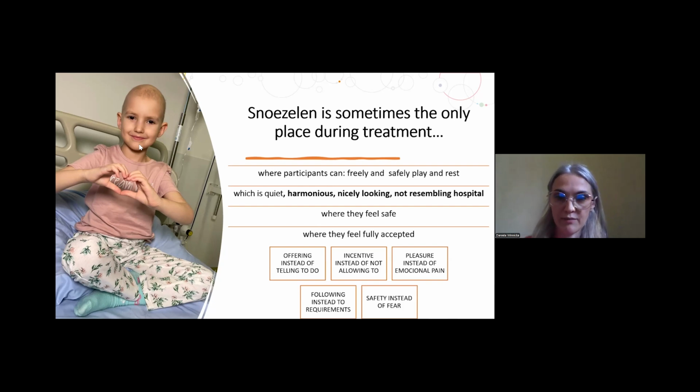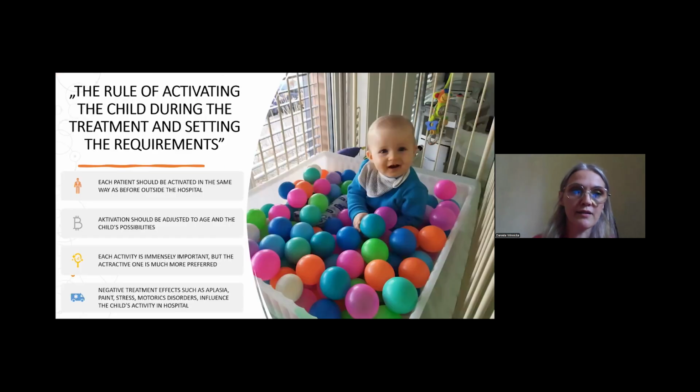What is the role of the therapist with the children with cancer? The role is very important: activating the child during the treatment and setting the requirements. Why is it very important?